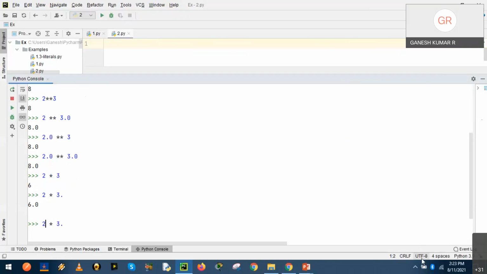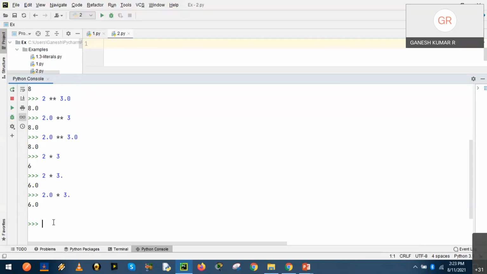If we have 2.0, the result will be the same. So in both cases, exponentiation or multiplication, when the two values are integers, the result will also be an integer. If either one or both are float, the result will be float, same as exponentiation.